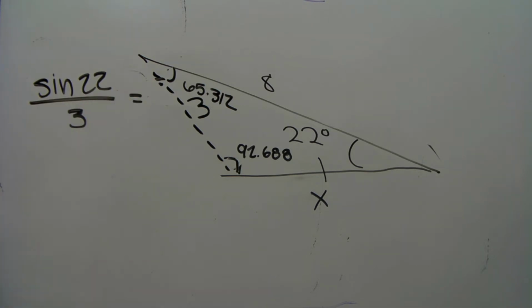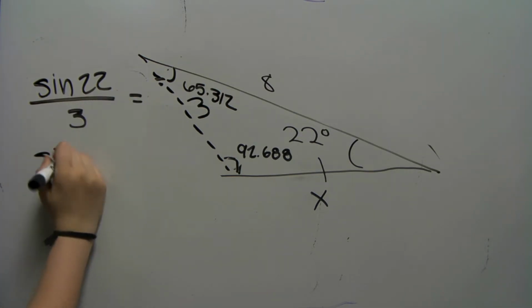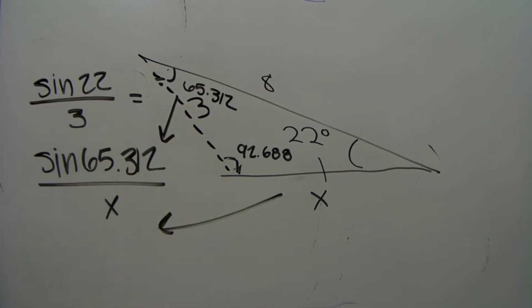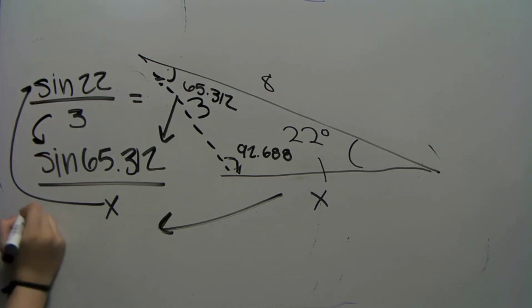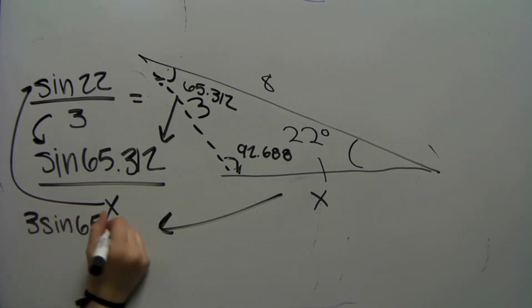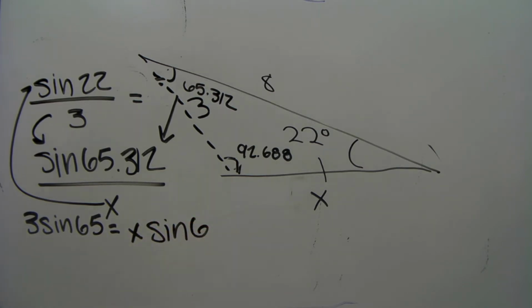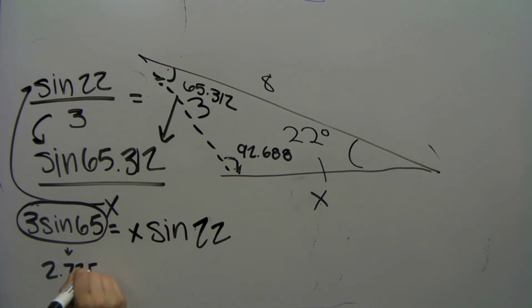So you set sine 22 over 3 equal to sine of 65.312 over x. And then we cross multiply, and we get 3 sine 65.312 equals x sine 22, and then divide by sine 22, because 3 sine 65 equals 2.7257.